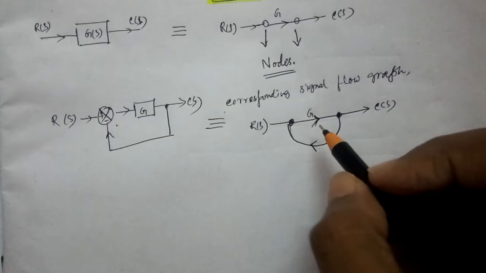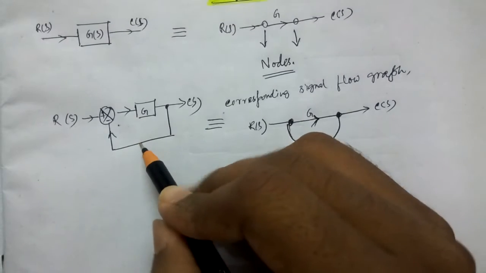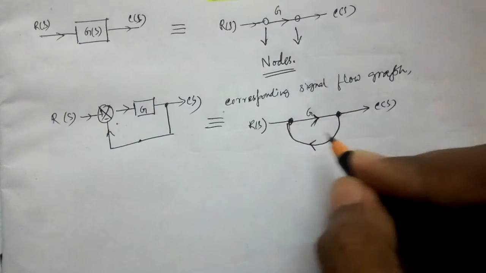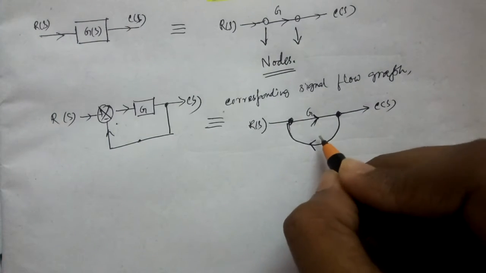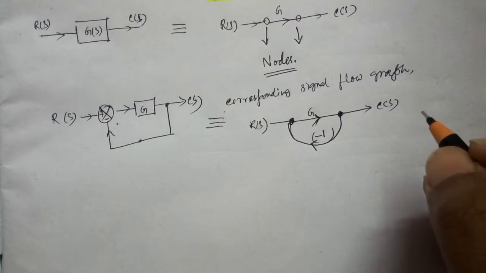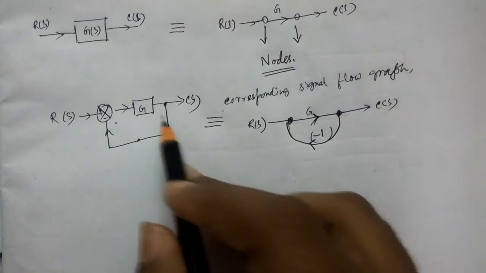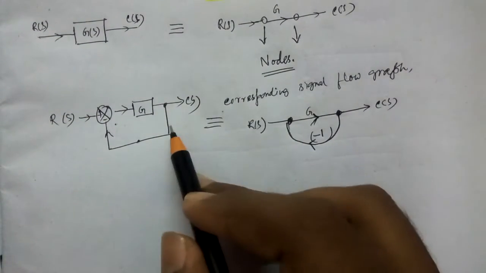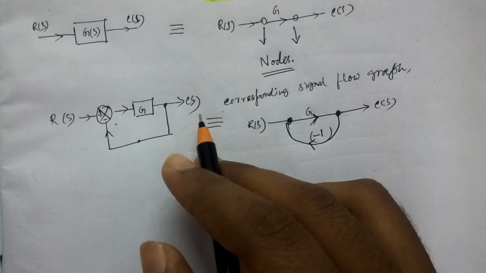And as there is negative feedback and the feedback gain is 1, this will be represented as -1 gain, and this is the corresponding signal flow graph of this block diagram.